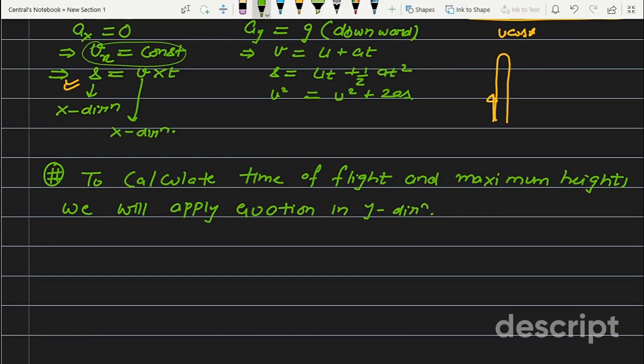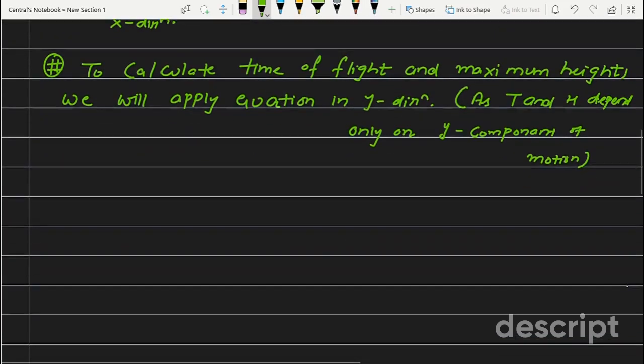Not in the x direction, we will apply the equation in the y direction. Reason: S, T and H depend only on the y component of motion. Time of flight and maximum height depend only on the y component of motion. Is it clear to all? Next. Sir, but how to calculate? Yes, we are coming to that.